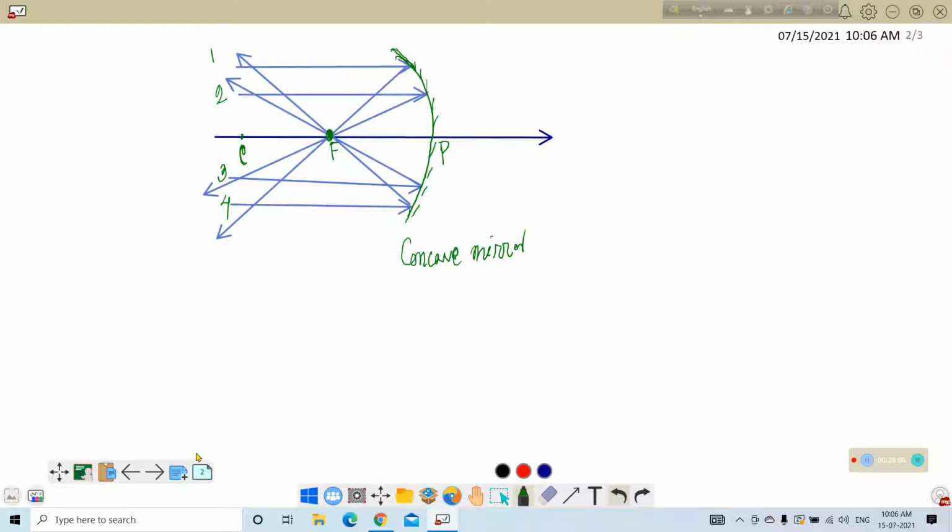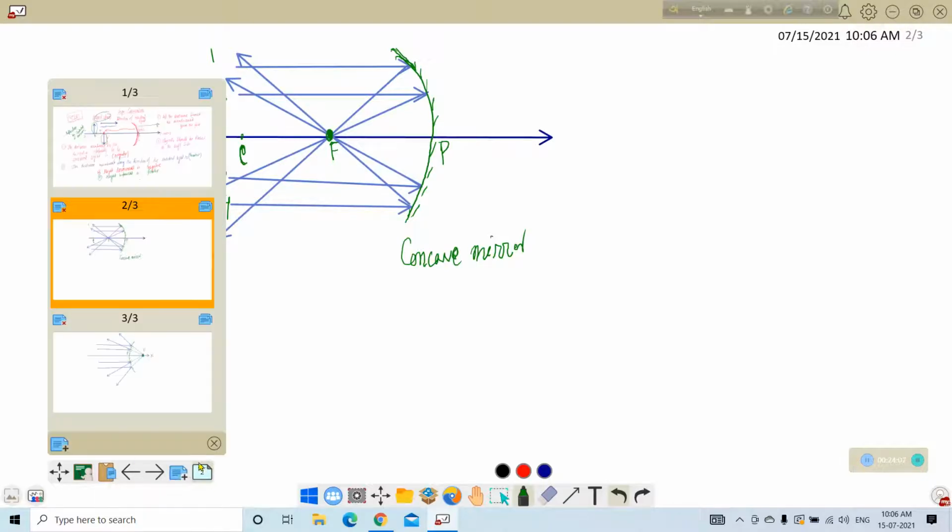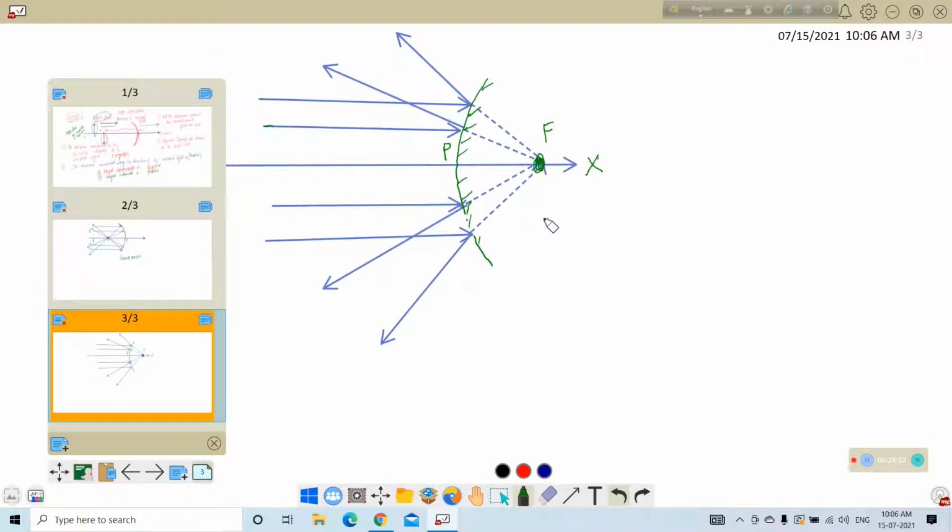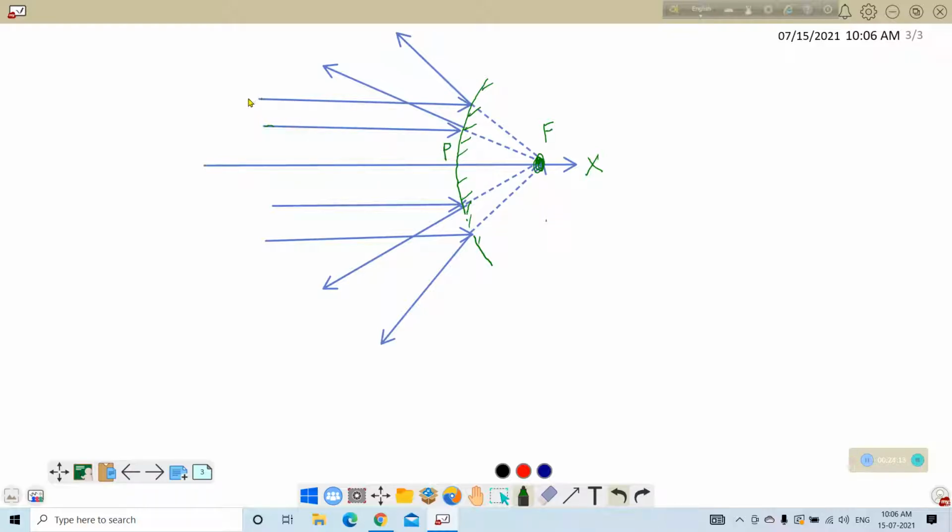And in this case, all the rays after incident on the mirror will be scattered, and these scattered rays diverge. All the rays appear to diverge from a single point, and this point is known as focus.